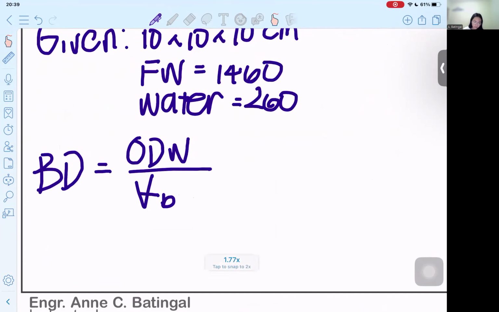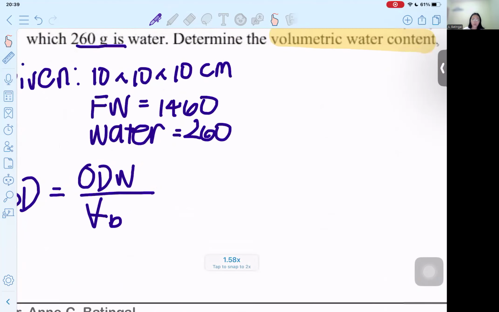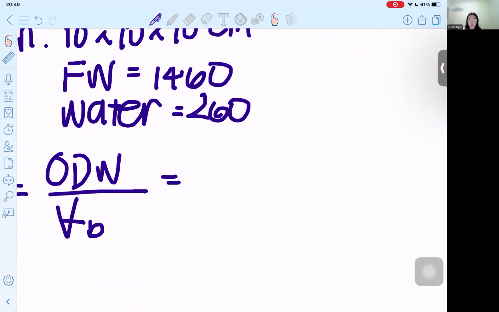Now, oven dry weight is just equal to the fresh weight minus the water. Oven dry weight plus water is fresh weight. So, oven dry weight, you just subtract the water from the fresh weight. So, fresh weight minus water.